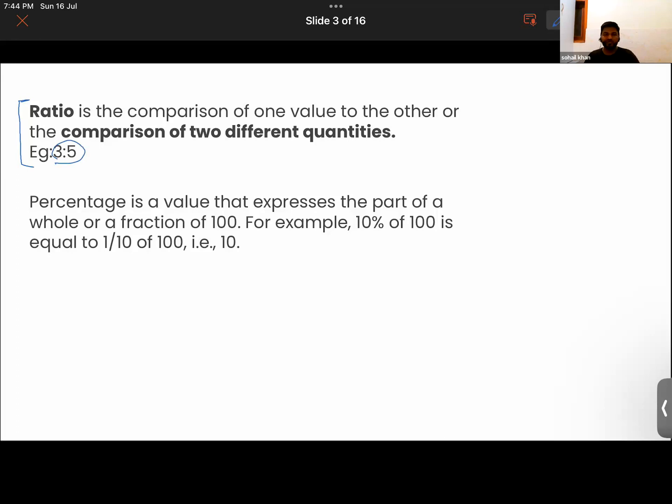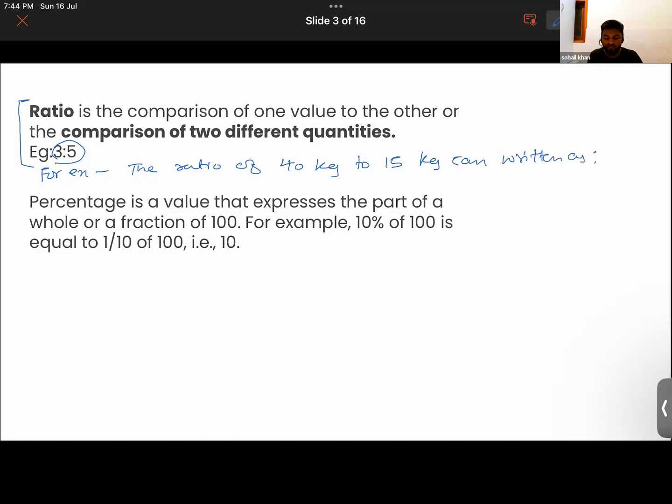So look, for example, the ratio of 40 kg to 15 kg can be written as what?